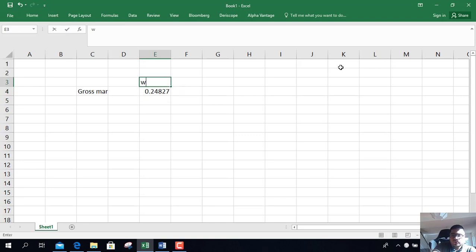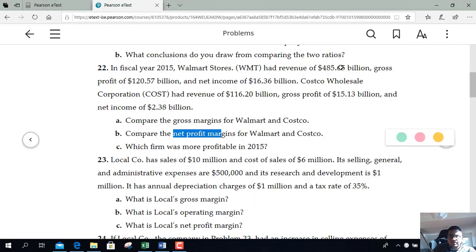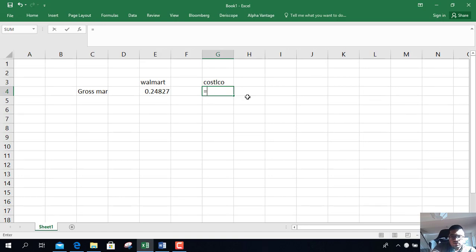This was Walmart. Let's do it for Costco now. Costco's gross profit was $15.13 billion, sales was $116.20 billion. So Walmart has a gross margin of 24%, Costco has a gross margin of 13%.